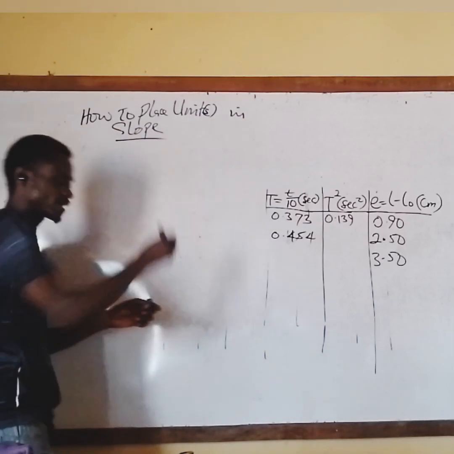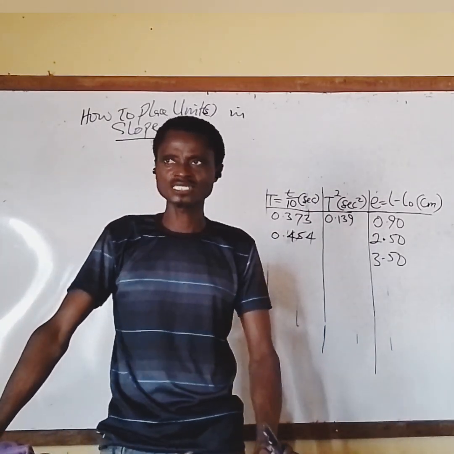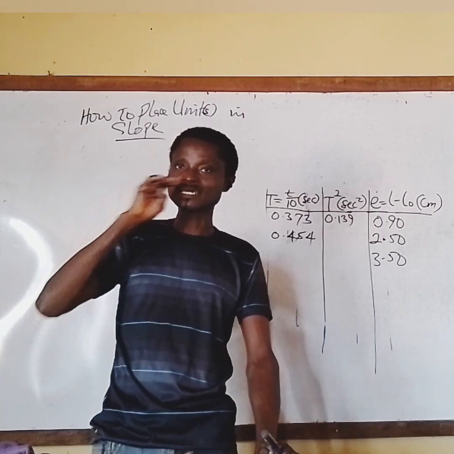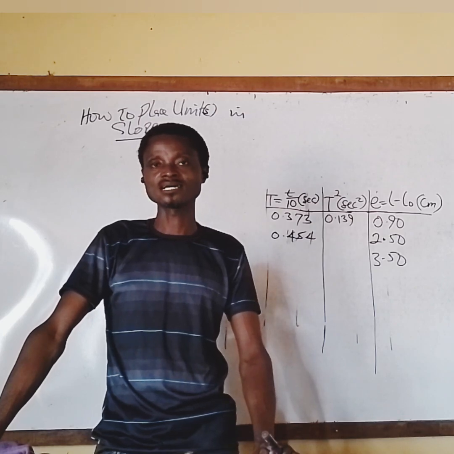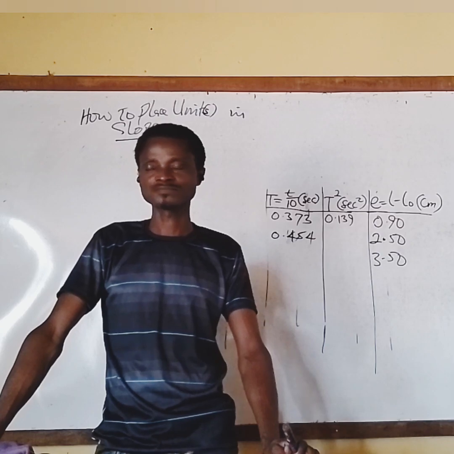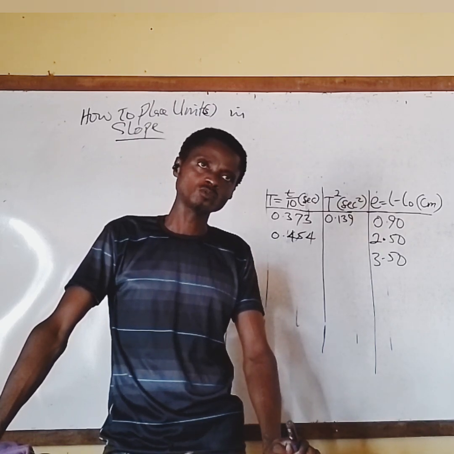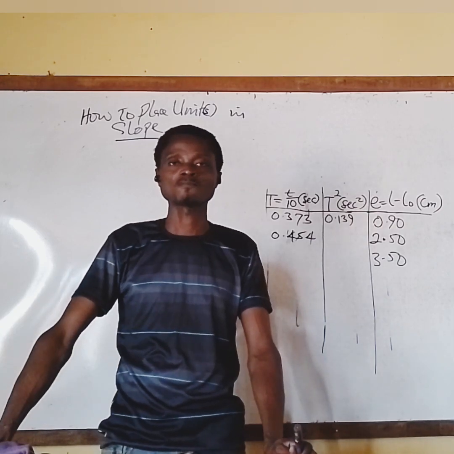Because WAEC nowadays, and even before now, they always consider units. Marks are allotted to those that place units in their practical work. Let's say, for instance, you plot your slope and you get the correct answer.